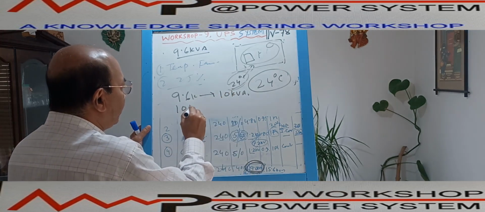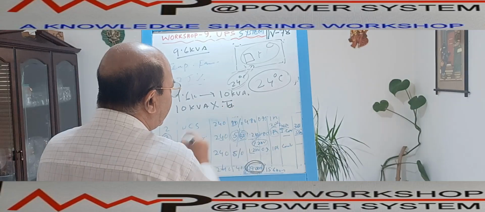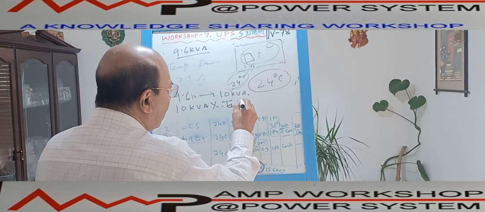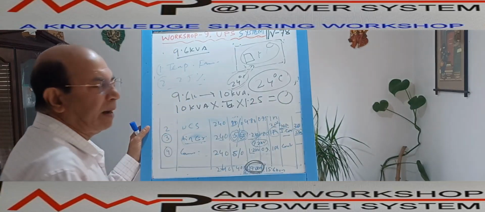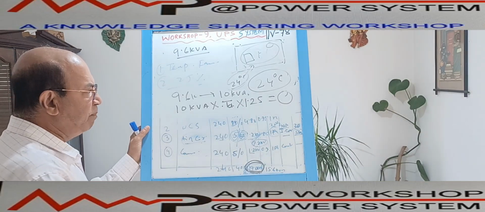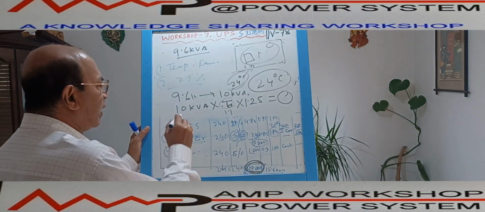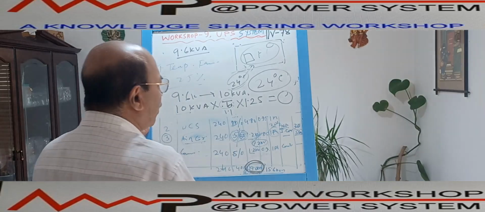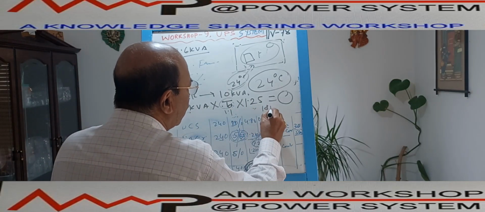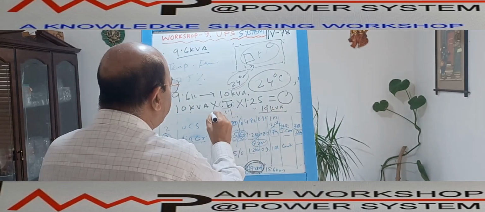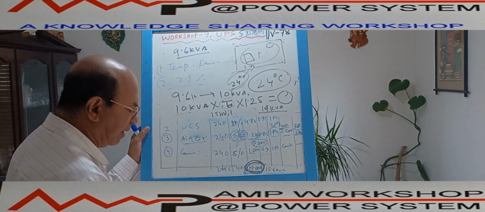So 10 kVA multiplied by the temperature derating factor TD, and then we put a 1.25 safety margin, that will give me the capacity of the UPS required in VA. Suppose TD equal to 1.1. So it is 10 into 1.1 into 1.25, about 14 kVA. In round figure, we'll put a 15 kVA UPS. So we'll say we need a UPS of 15 kVA.